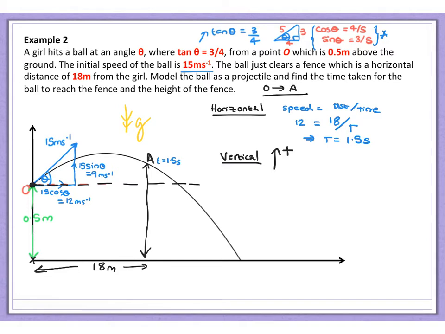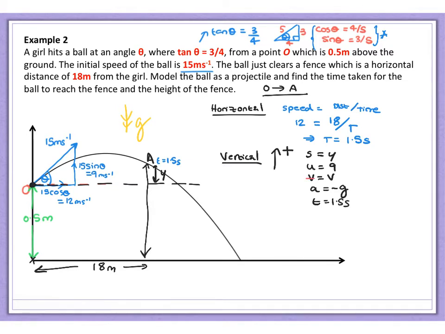So vertically, S equals, let's call it Y. In fact, I'm going to mark it on here as Y. U is equal to 9. V is equal to V at A. We don't know what that is. A is negative g. And T is 1.5 seconds. We now know this value.